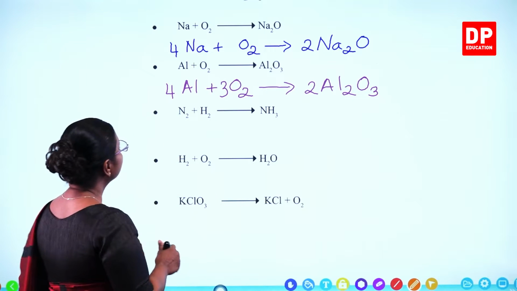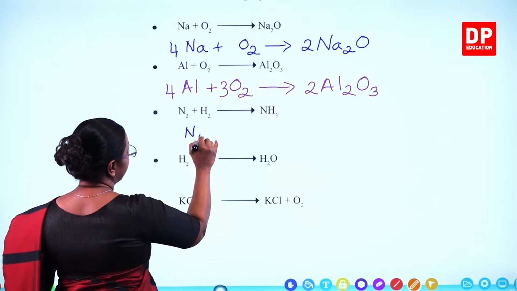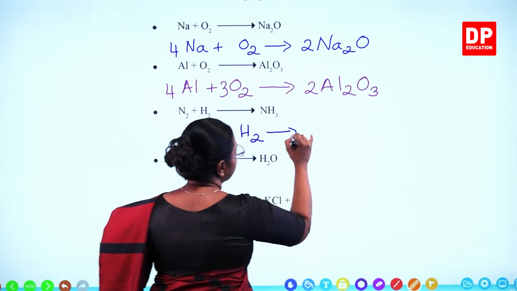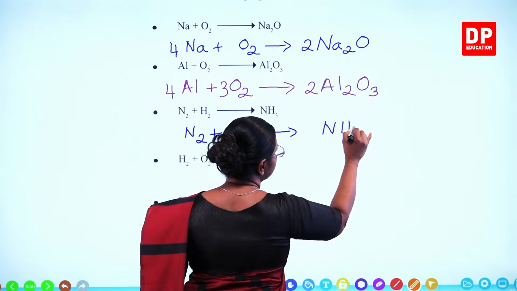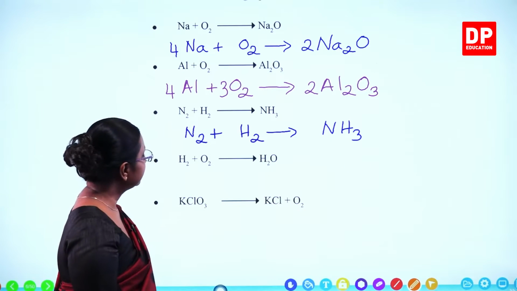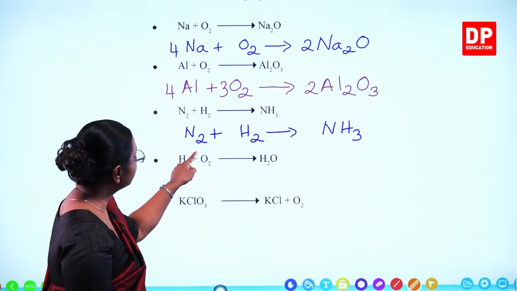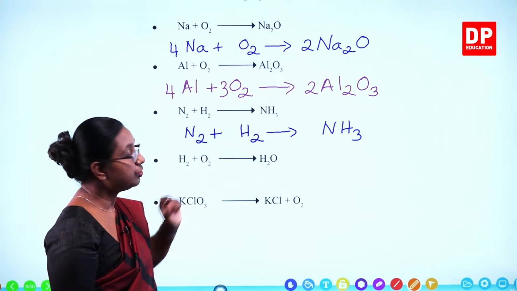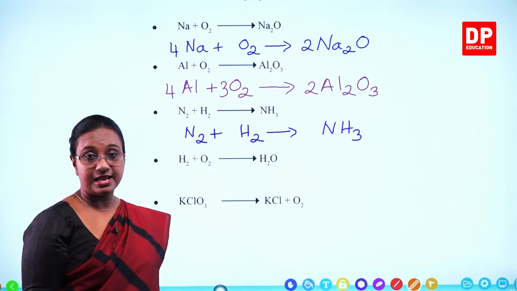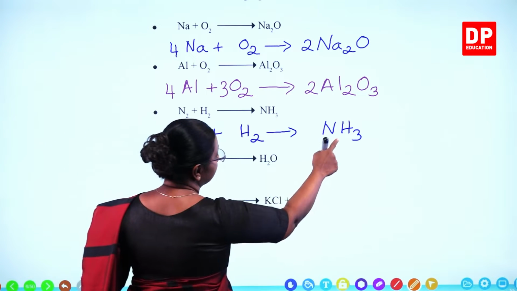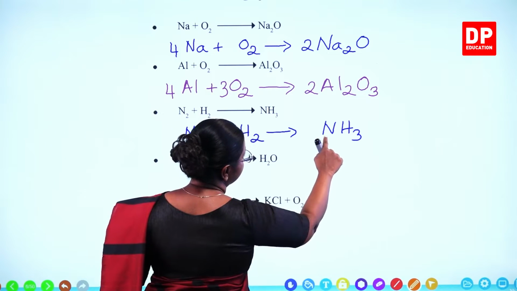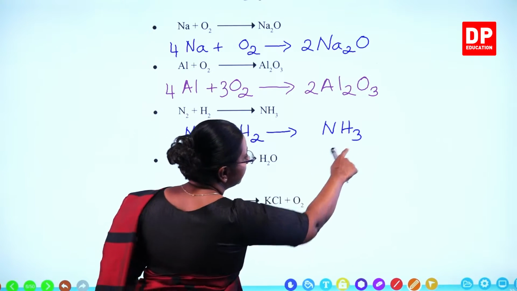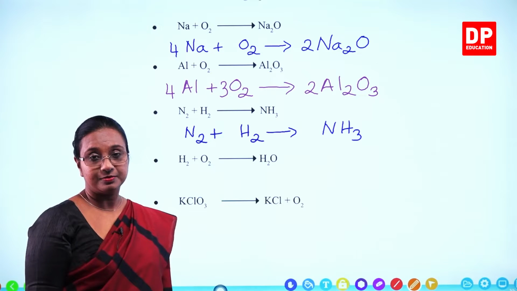So, if we need to balance that, N2 gas plus H2 gas gives rise to NH3. You can see that also. Now, N2, there are 2 nitrogen atoms. H2, there are 2 hydrogen atoms. But on this side, there is only one nitrogen, NH3, only one nitrogen, but there are 3 hydrogen atoms.